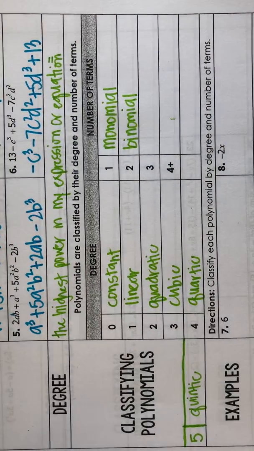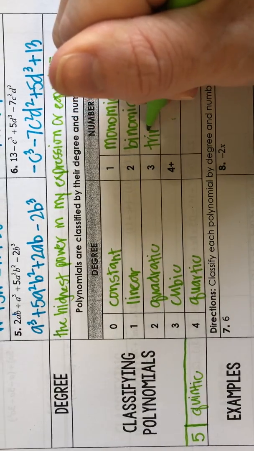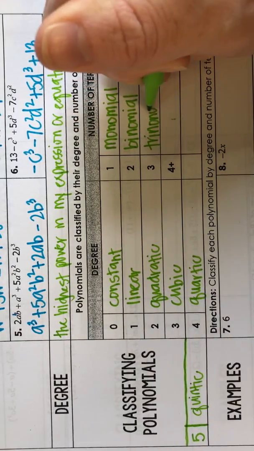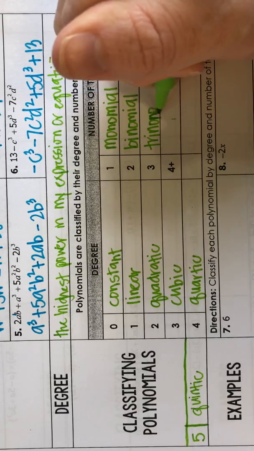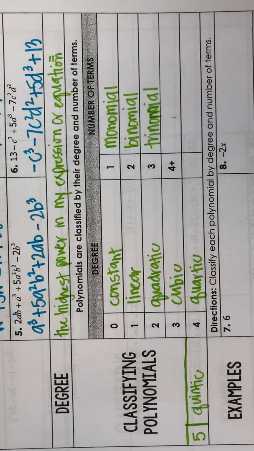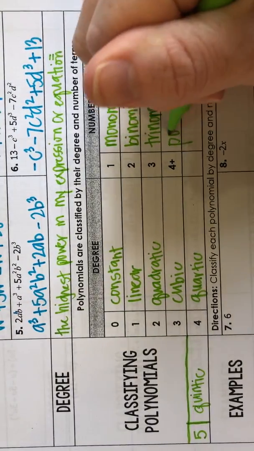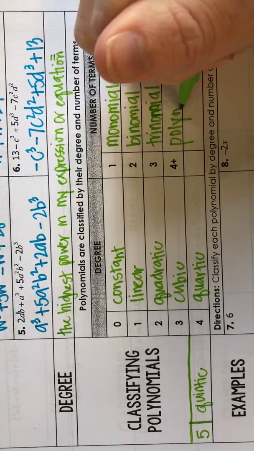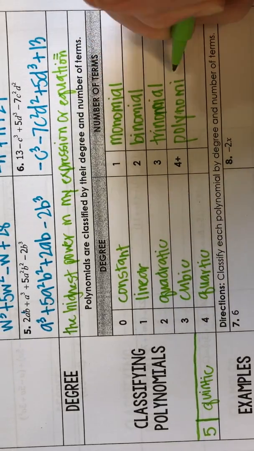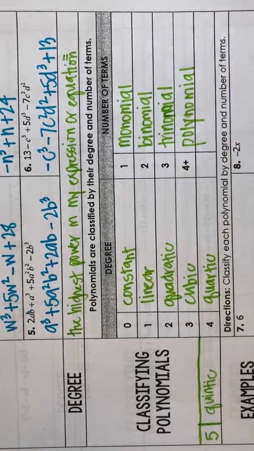The prefix for 3 terms is tri, so that would be a trinomial. Let's see if I can spell right. Sorry about that. A trinomial. And then 4 terms or more, I call a polynomial. The prefix poly means many, okay?